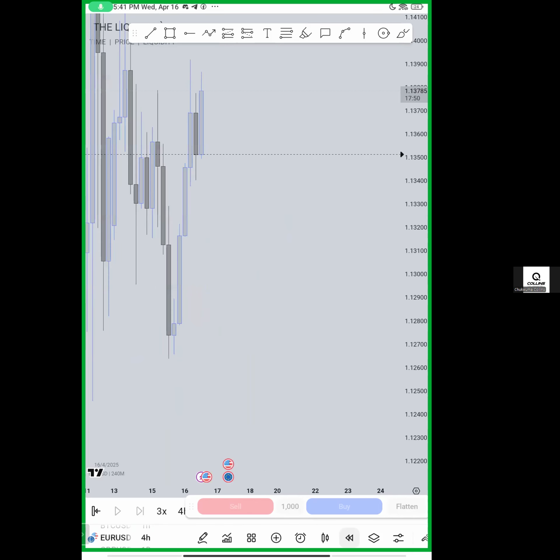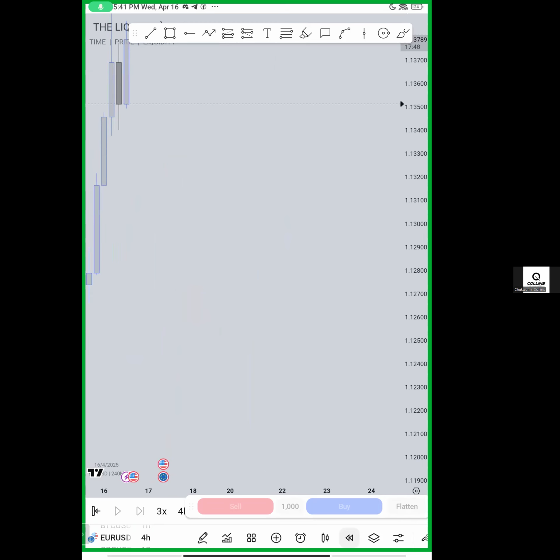Let's say this is an order block here. Then we have another candle right here.